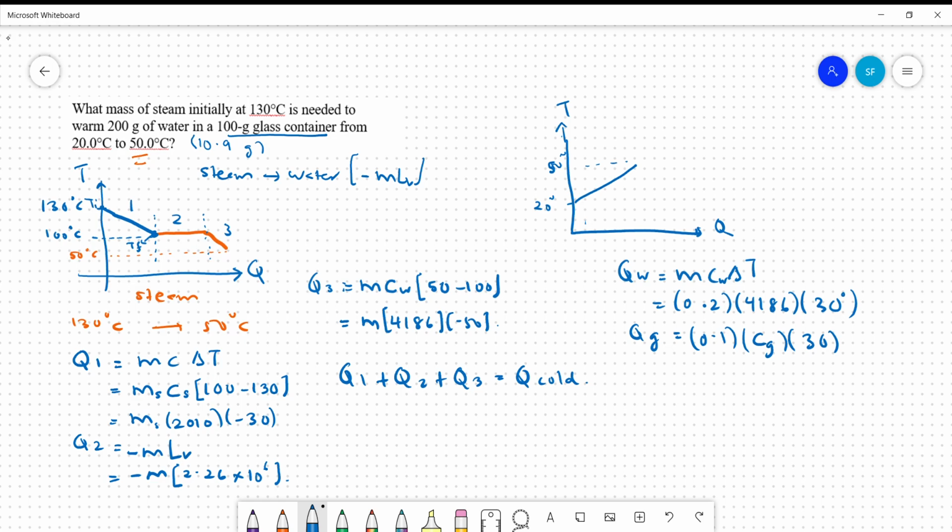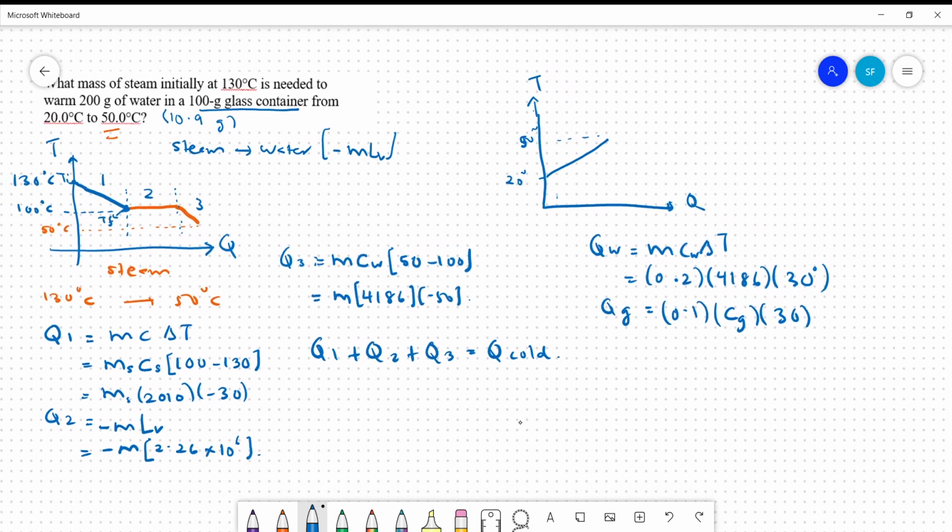Then we apply the principle of conservation of energy: Q cold equals negative Q hot.